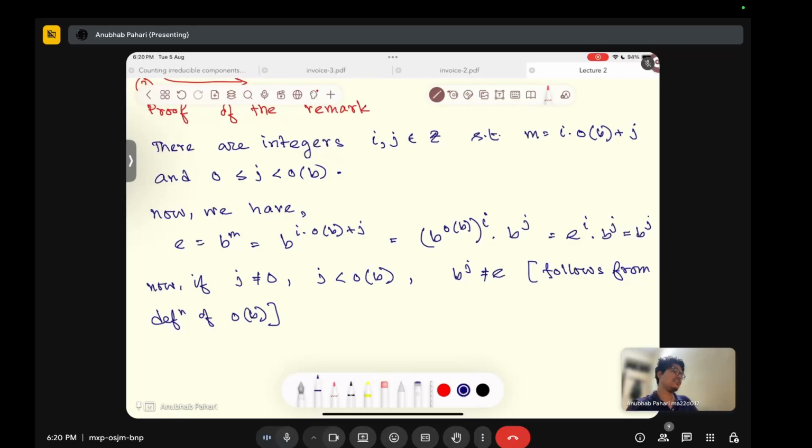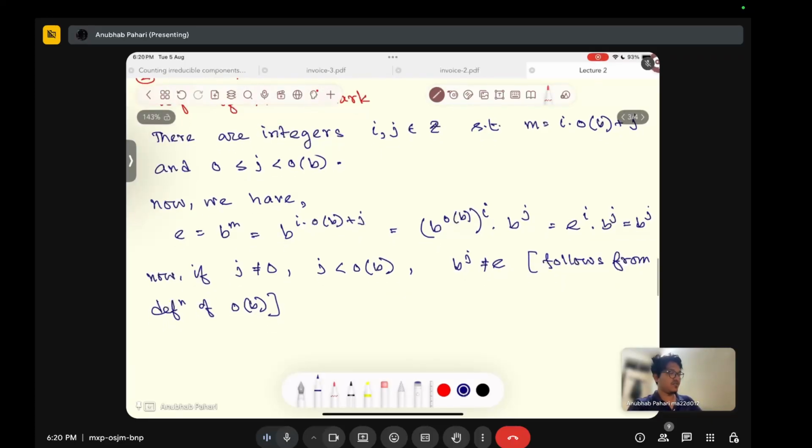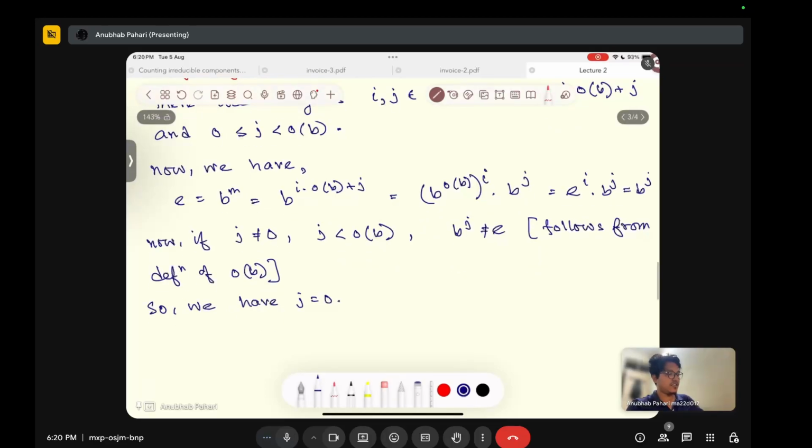So j strictly less than ob means that b to the power j cannot be e. So we have j equals to 0, that is m equals to i of order of b.